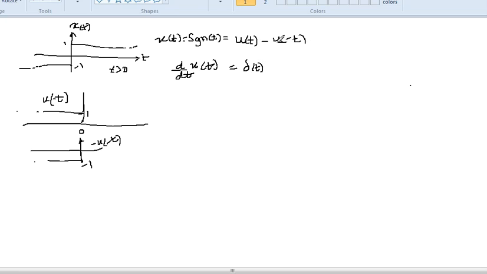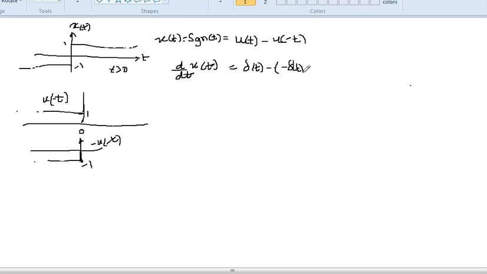And the differentiation of u of minus t: the minus sign is already there, and the differentiation of minus t for this signal would be minus of del of t.